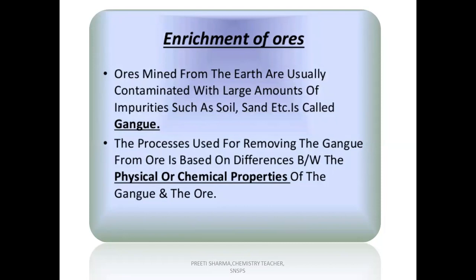And the processes used for removing the matrix, or somebody says gangue, from the ore are based on the difference between the physical and the chemical properties of the impurities as well as the ore. So in simple language, what is this matrix? What is this gangue? It is a rocky substance or minerals, impurities which are attached with the pure metal when the metal is present in an ore form.